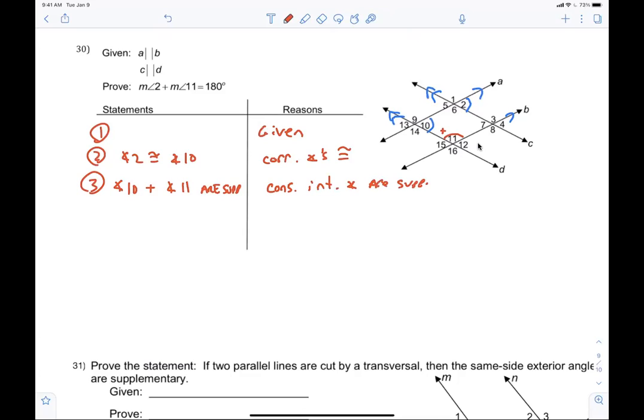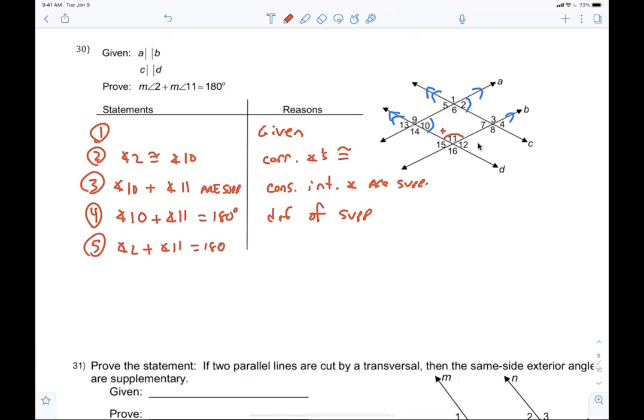And then what are we going to have to say after we say they're supplementary? We have to say that they equal 180, by the definition of supplementary. And then we can say angle 2 plus angle 11 equals 180, and that's just substitution.